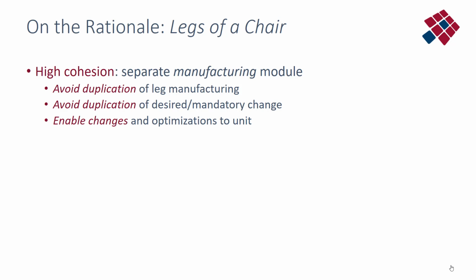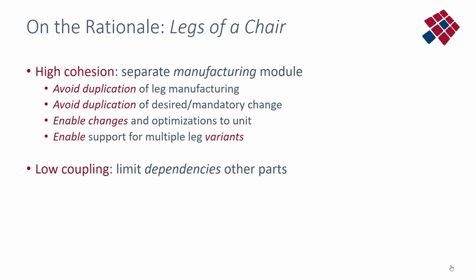We want to enable changes and optimizations to the unit. We want to be able to change it, to optimize it and support multiple variants. That's basically why we want to separate the legs of a chair or something else into a separate module.